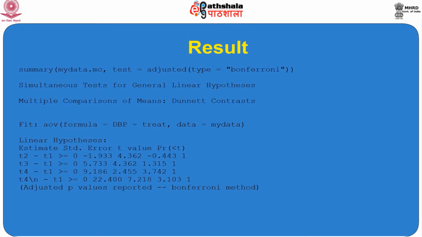As a result, it shows that the difference between T2 and T1 is minus 1.933 with standard error 4.36 like earlier, but the t value is reduced to minus 0.443 with a p value of 1. The utility of Bonferroni is that it divides the whole p value into 4 equal segments here, and based on those equal segments we see the p value comparison.